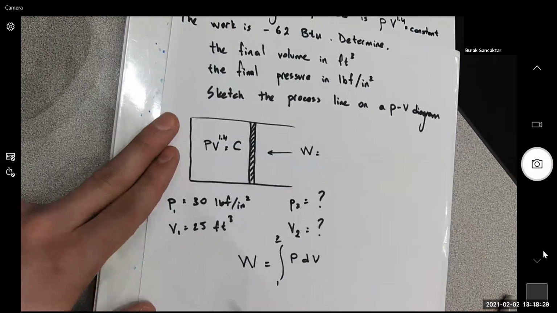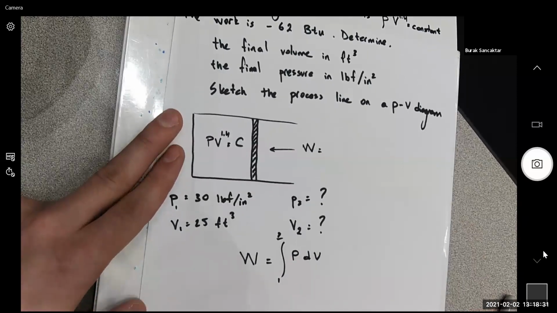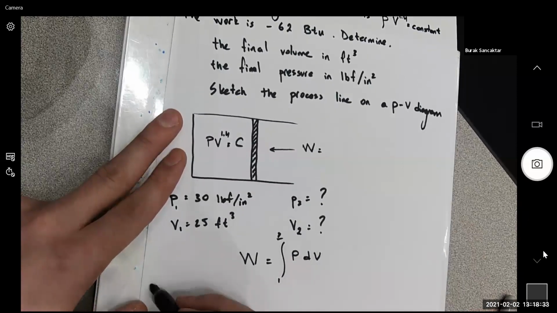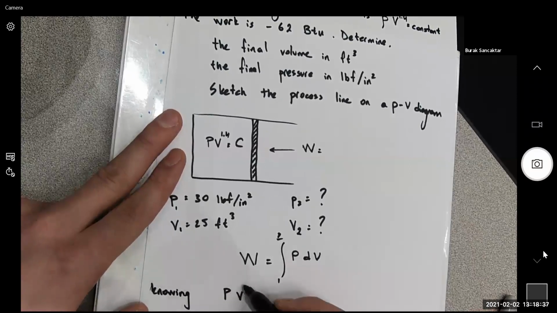Okay? The work, so knowing P V to the power of 1.4 is constant, right?